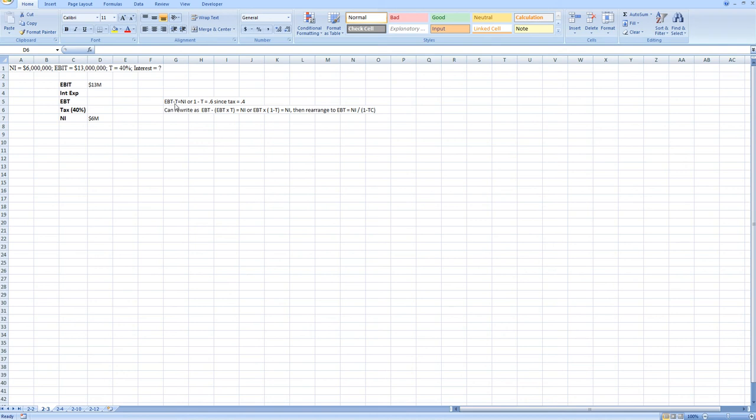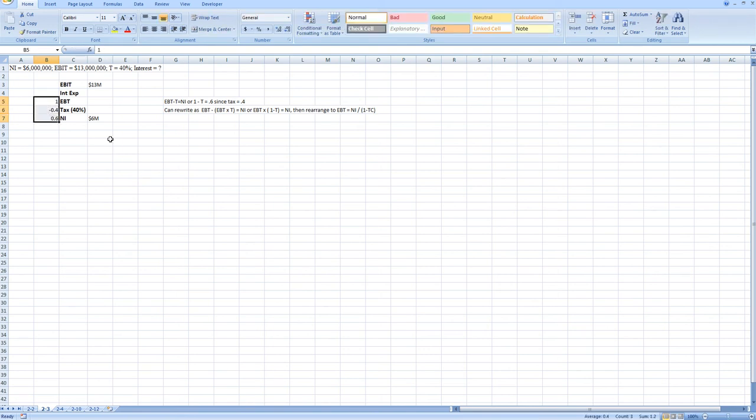Now we know EBT less tax is equal to net income. If EBT is a whole unit, a unit of 1, less a tax rate of 0.4, what's left over as net income is 0.6. So 1 less 0.4 is going to equal 0.6.